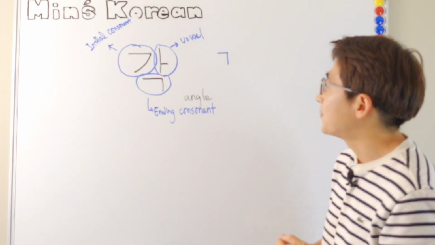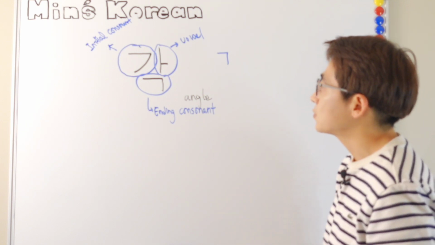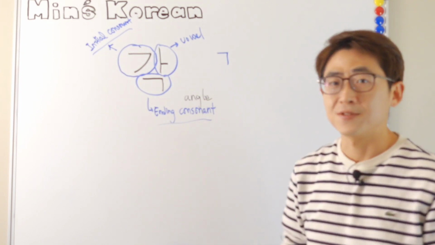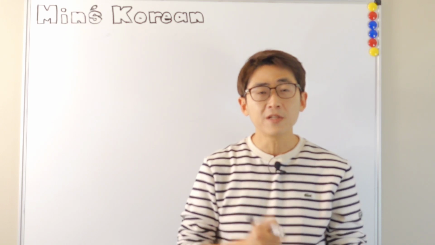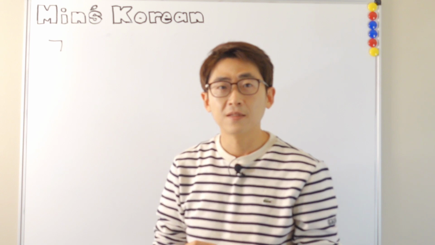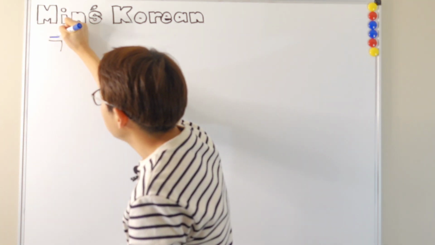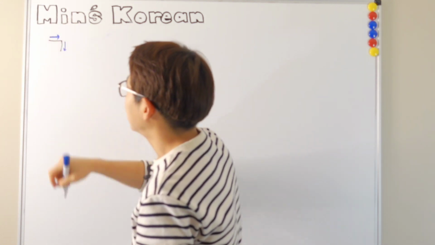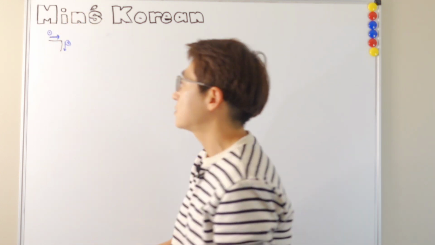Okay, so I wanted to clarify that first because we're going to talk a lot about initial and ending sounds. All right, let's get to it. Our first consonant is 기역. The way to write this one is left to right and then top to bottom. This one is the first stroke and this one is the second stroke.